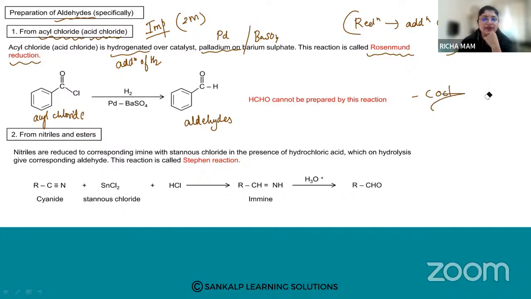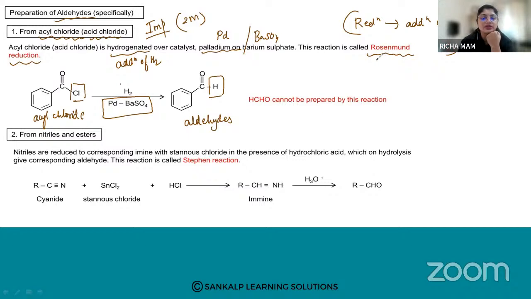So we have taken an acid chloride and we are doing hydrogenation, that is, adding a hydrogen molecule with the catalyst palladium and barium sulfate. What you will get is aldehyde. Here the Cl is replaced by hydrogen, and this famous reaction is called Rosenmund reduction.